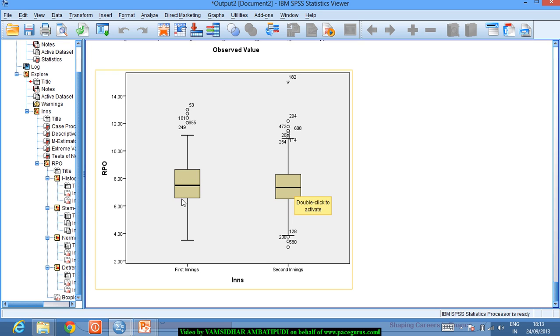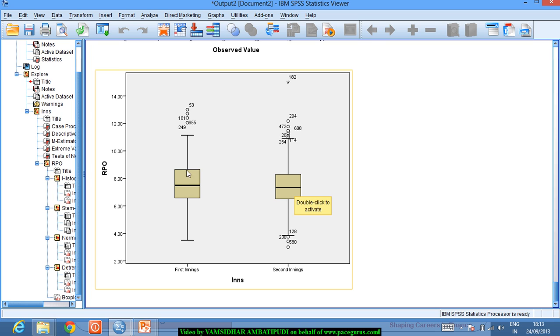Then these borders talk about the 25th percentile, which is quartile 1, as well as quartile 3. Here also quartile 1 and quartile 3. Visually it appears to me that the height of this box is slightly lesser than the height of this box. Fair enough.